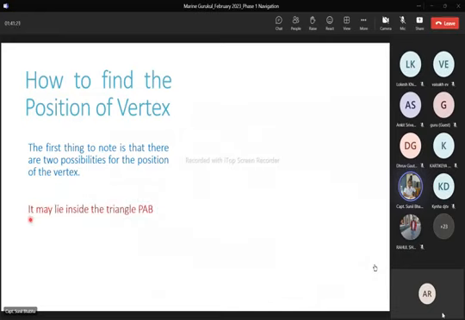One of the possibilities is that the vertex may lie inside the triangle PAB. PAB triangle is the spherical triangle which we made for calculating the great circle distance and the initial and final courses. Now, one of the possibilities is that the vertex lies somewhere in between the positions A and B. That means the great circle track reaches its highest latitude in between position A and position B, which are our initial and final positions.